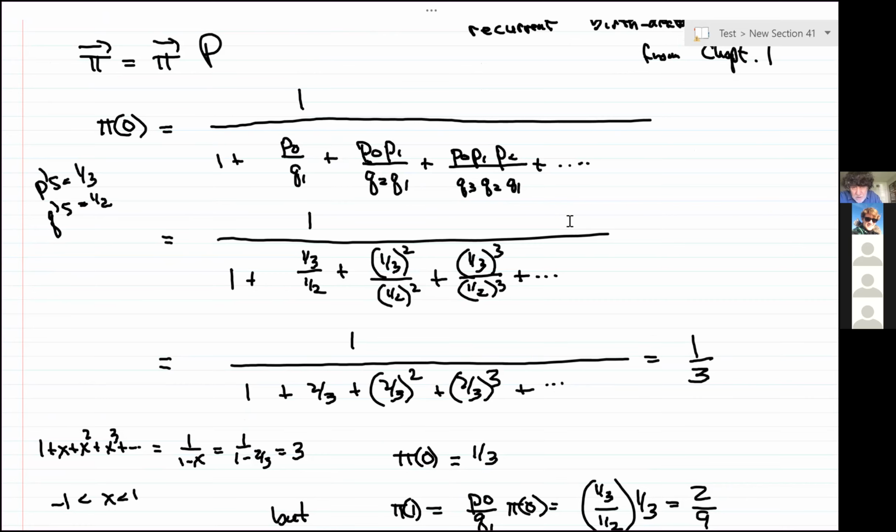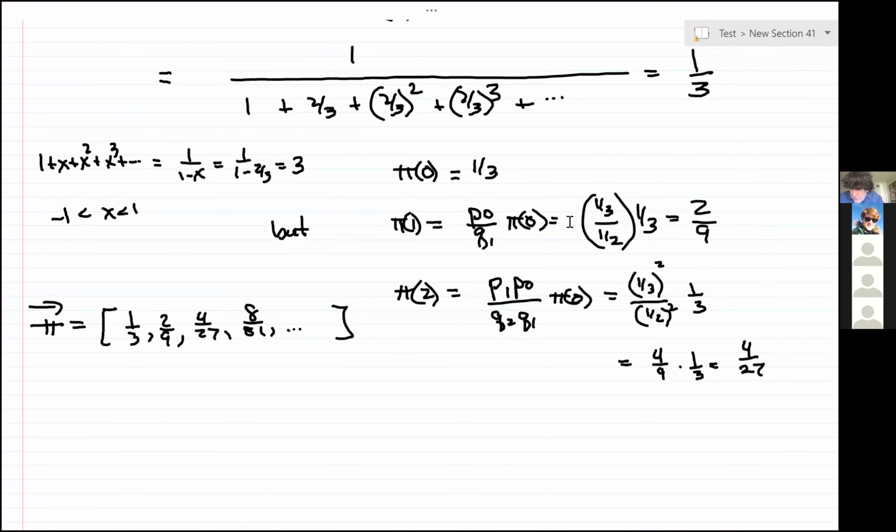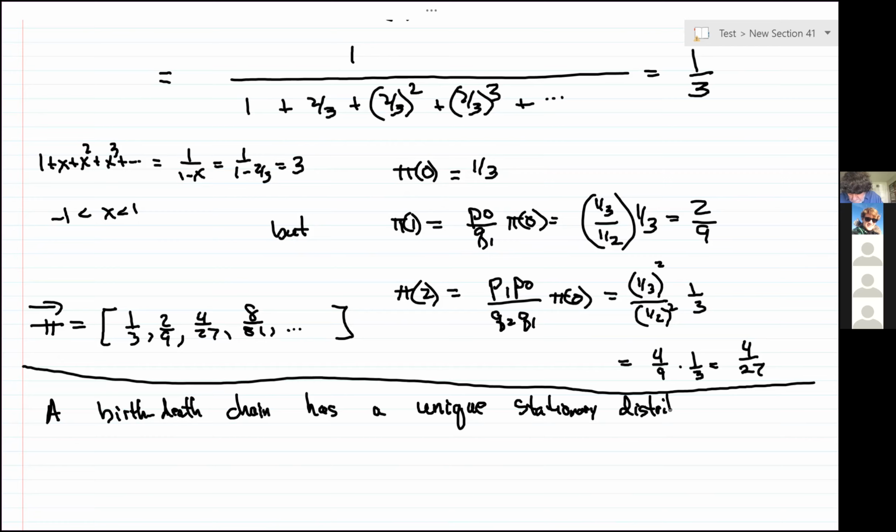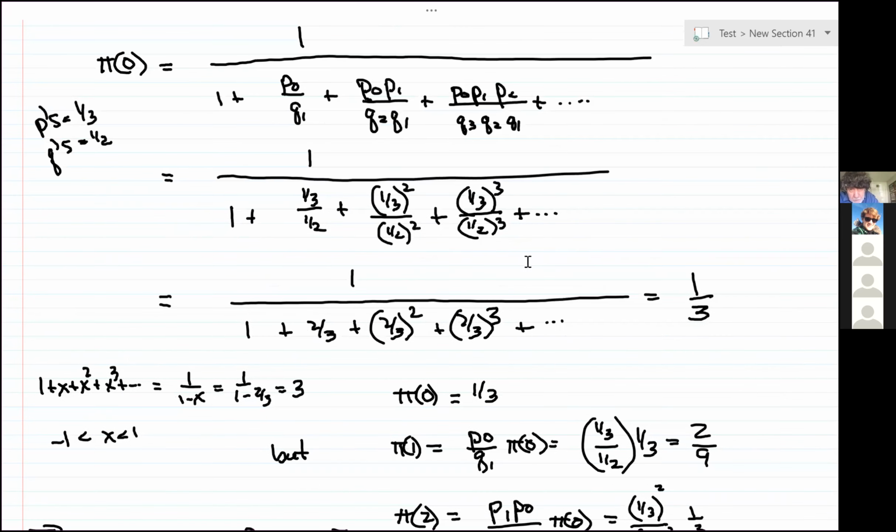A birth-death chain has a unique stationary distribution if and only if that sum converges. Well, there is a sum up there.